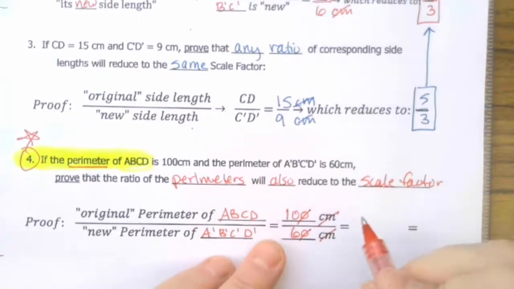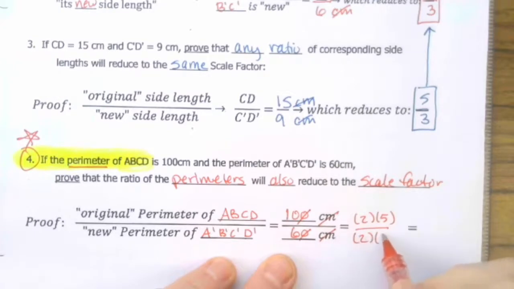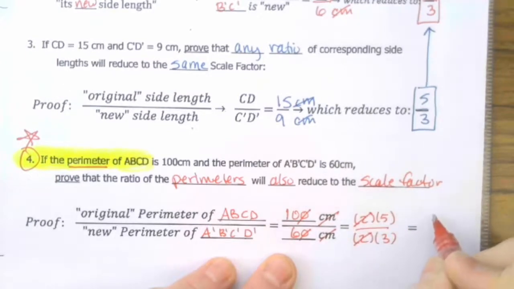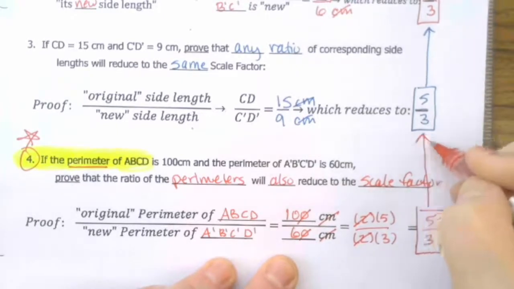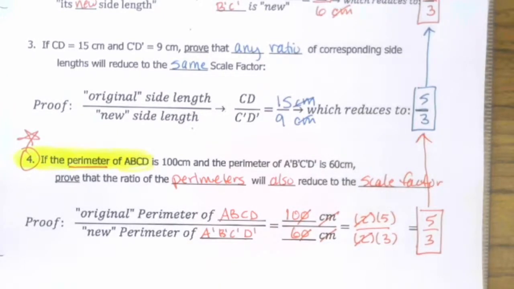So we end up with 10, which is 2 times 5, over 6, which is 2 times 3. And what do you know? We get the scale factor. So in other words, if you have the perimeters but not the side lengths, you can still get a scale factor off of that. And that's why this is one I wanted you to pay particular attention to.